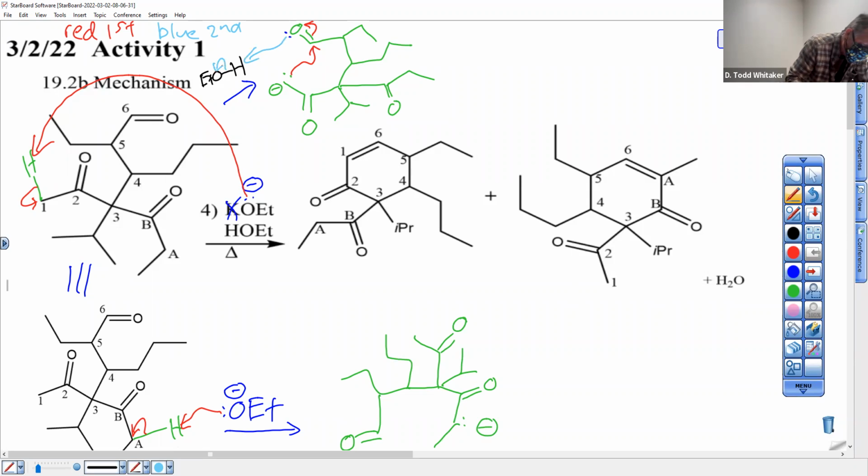Aldol reaction is over up there. You're going to get something that looks a lot like the thing right below it. Except on carbon 6, there will be an OH. And no double bond between 1 and 6. So I'm just going to copy what I see below. 6 has an OH. I'm copying the molecule underneath.